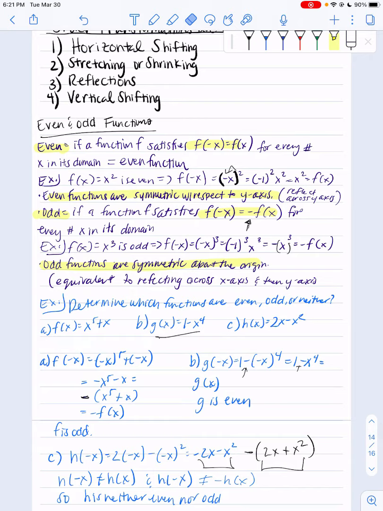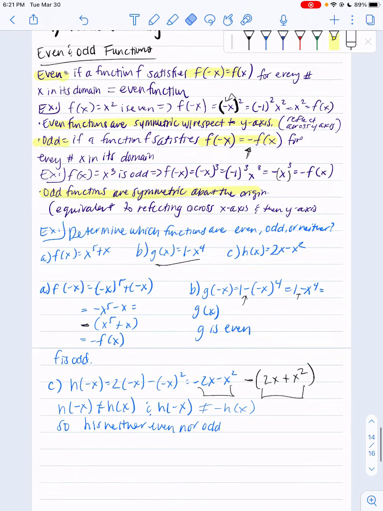So now odd functions. If a function f satisfies f of negative x equals negative f of x for every x in its domain, so I have my f of x, I plug in negative x, and I get negative whatever my original function was. So for example, x cubed is odd because if I plug in negative x, I get f of negative x equals negative x cubed.